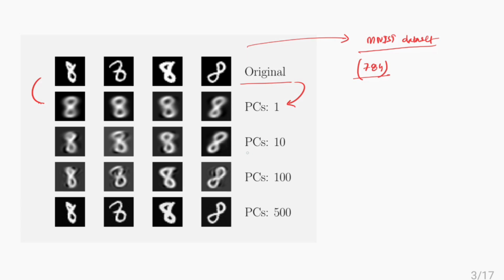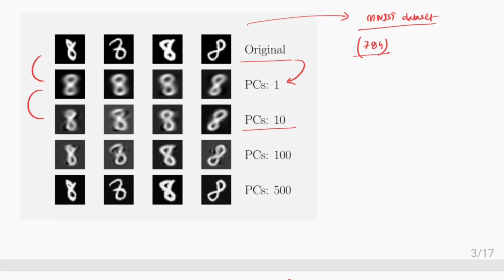And when you increase the PCs, so when you increase the dimensions of the newly projected data, then the information content also increases. Similarly, when you increase the PCs to 100, then the information increases more. And finally, when you have 500 PCs, the information from the original and the 500 PCs are almost comparable.